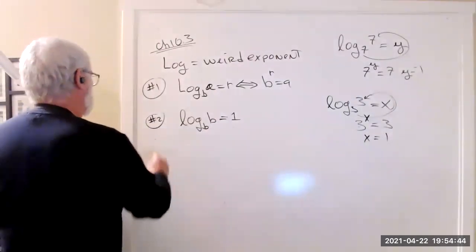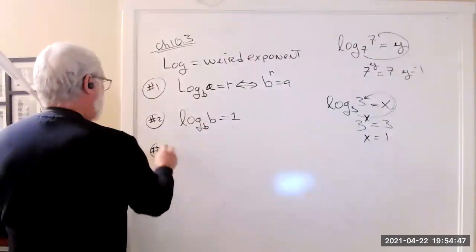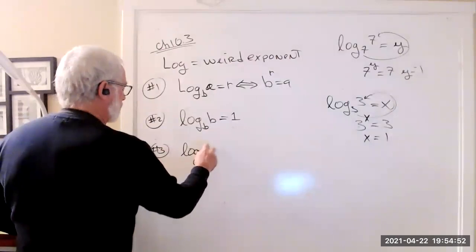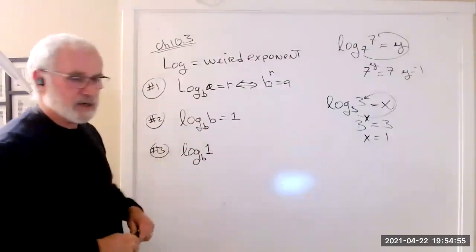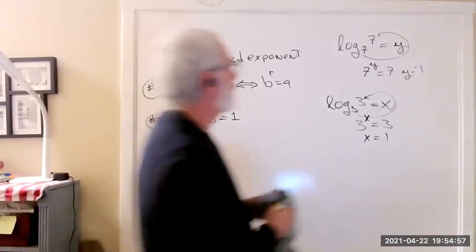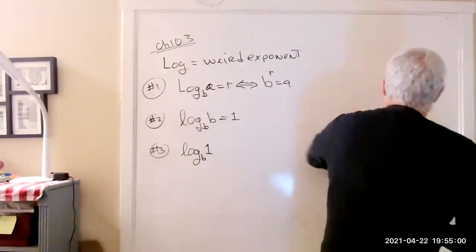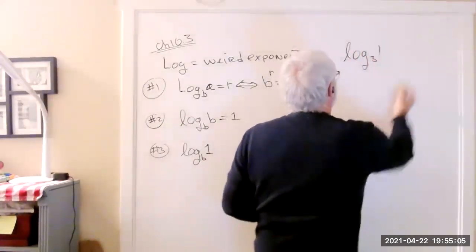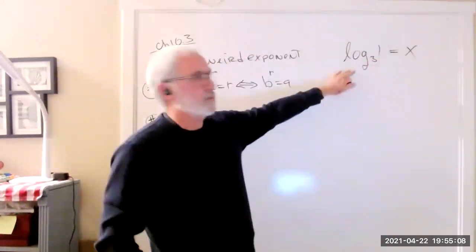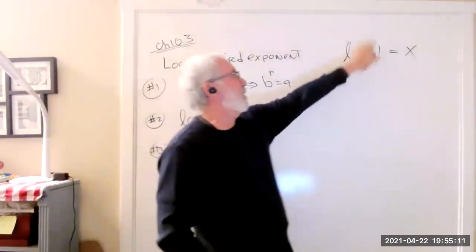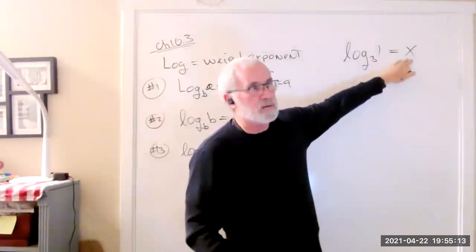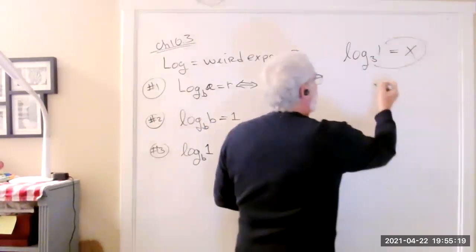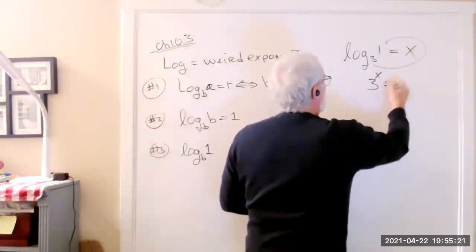All right, rule number 3, rather. Log base b of 1. Well, let's see. What would that look like over here? Log base 3 of 1 equals something. I don't know what. So again, apply the bra-bar rule, and you have 3 to the x equals 1.